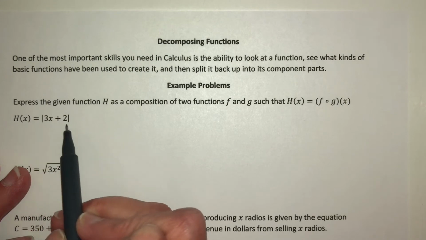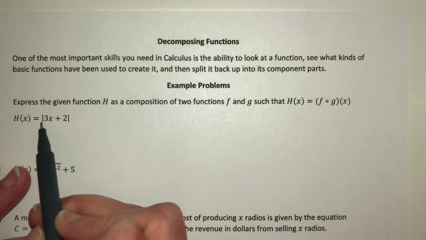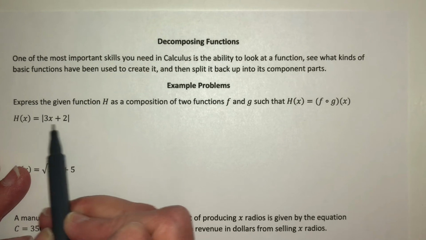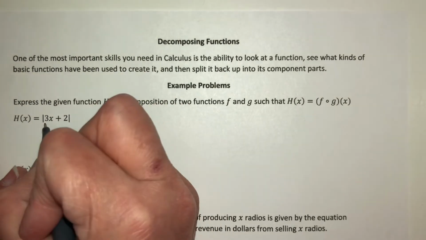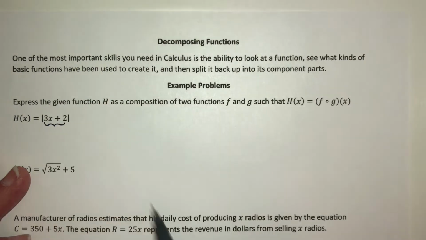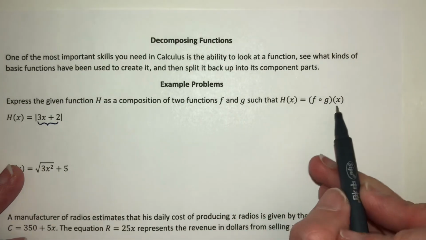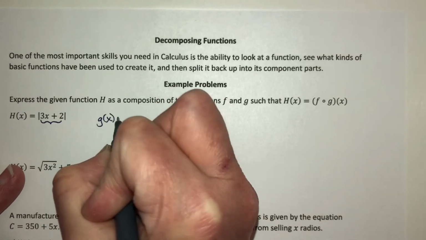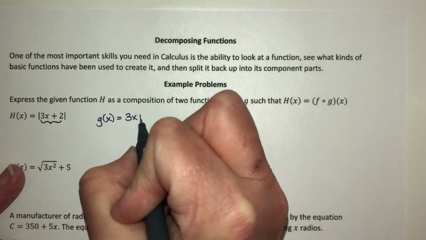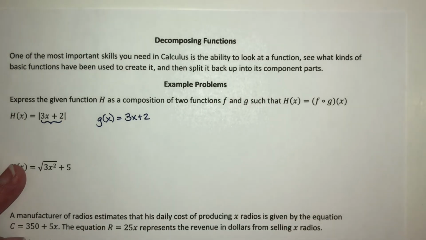Well, I see that I have an absolute value function, and I have a linear function inside of that. So my two pieces, this part is going to be your g of x because it's the part that got plugged in. And what do we plug it into?